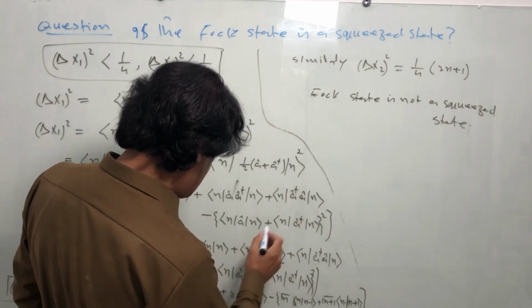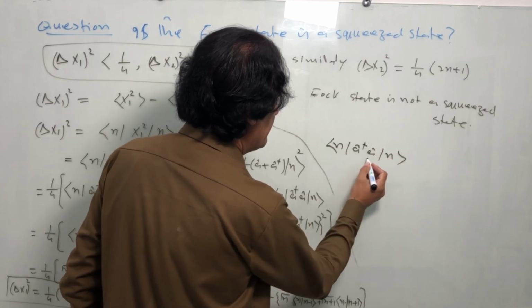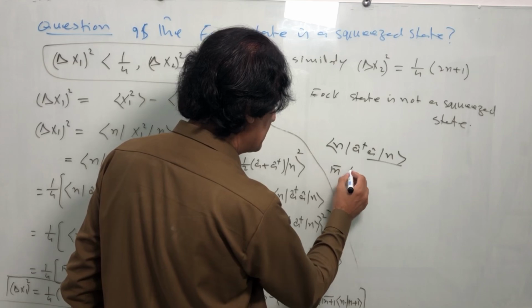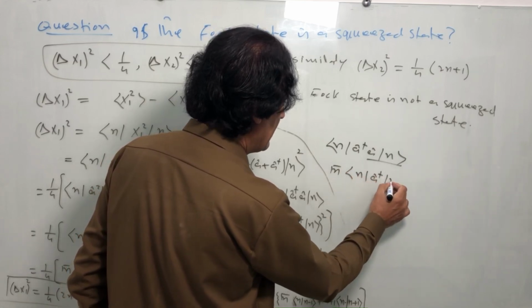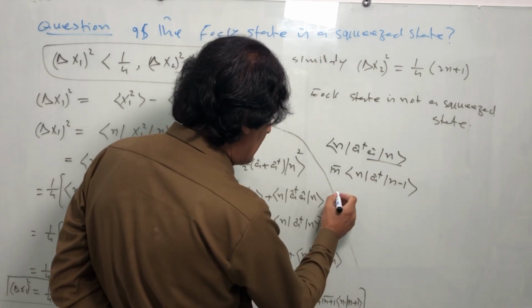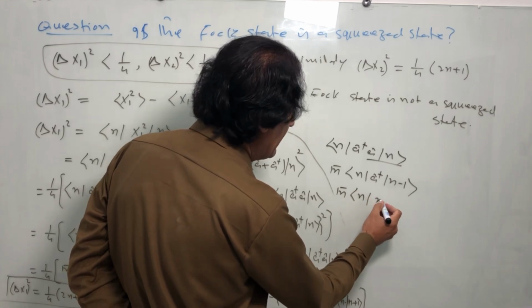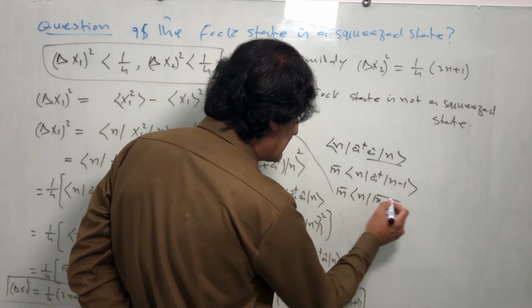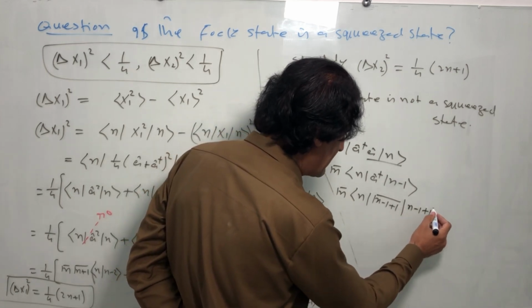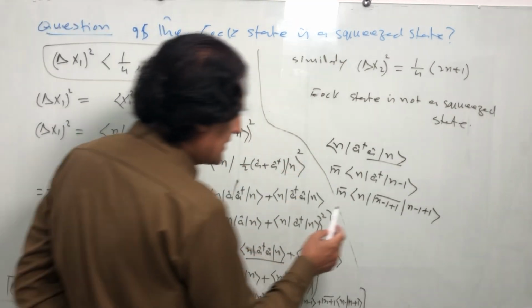For this state, n a dagger a n, first apply a on this state, and we get eigenvalue square root of n, and we have a dagger and n minus 1. Now we apply a dagger on this, and we get square root of n minus 1 plus 1, because it increases the state by one.